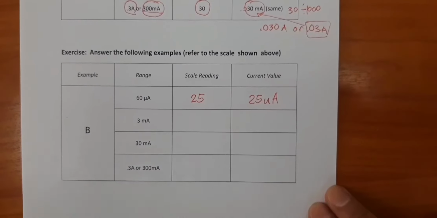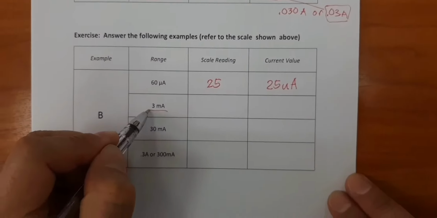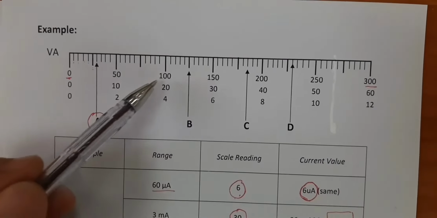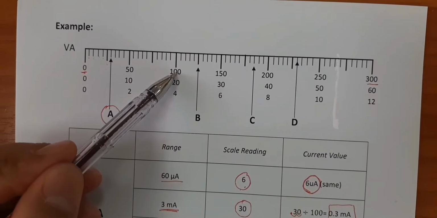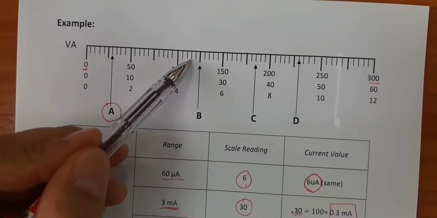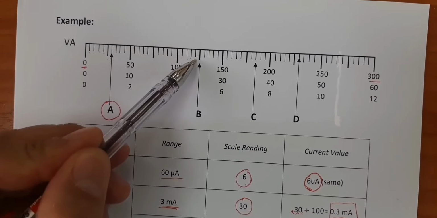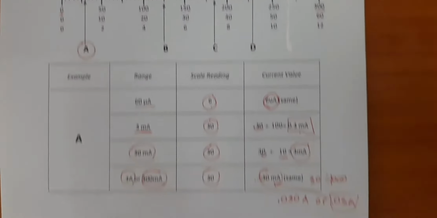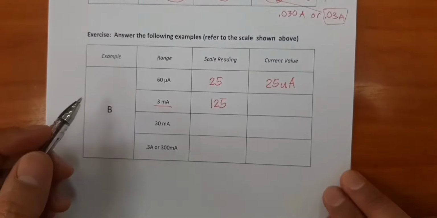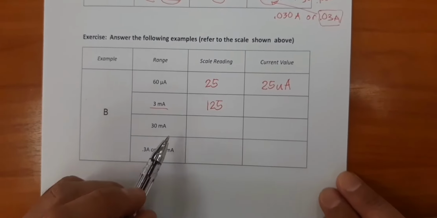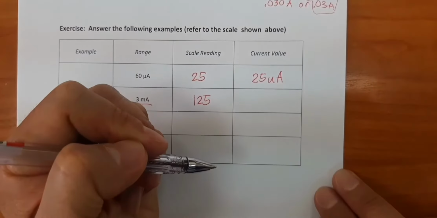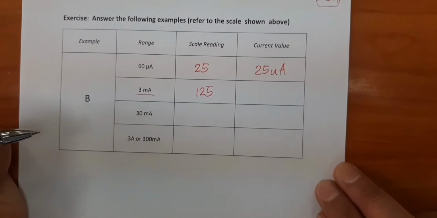Okay? Then let us proceed to range 3. Range 3 is by 5. So we have here 100, 105, 110, 115, 120, 125. So this is 125 as our scale reading. Our current value will be 125 divided by 100.